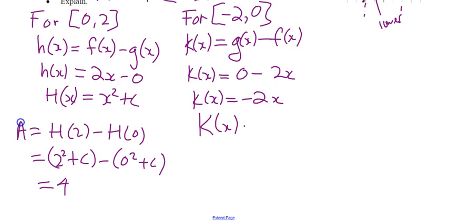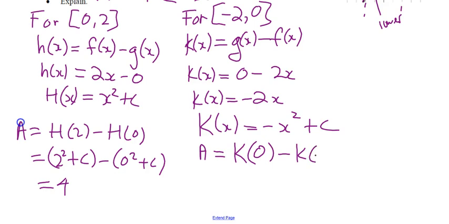Capital K of x will be negative x squared plus c. And then our area is equal to K of 0 minus K of negative 2.